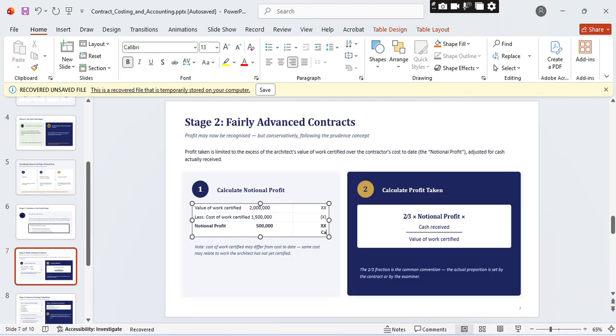Assuming that the cash received was zero, that is, the contractor was not paid any cash when the work started.